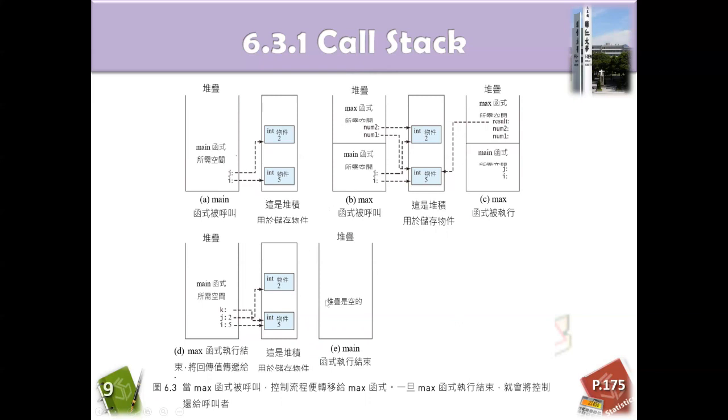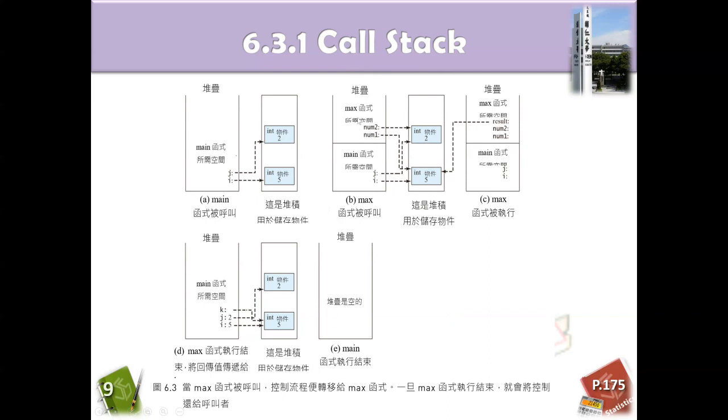When the function main calls the function max, the function max has to give the result to the main. Then it will be removed from the stack. So the last in will be first out.